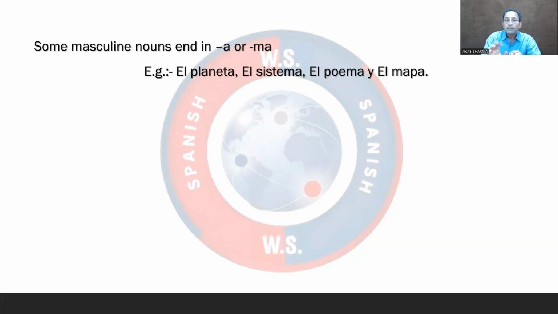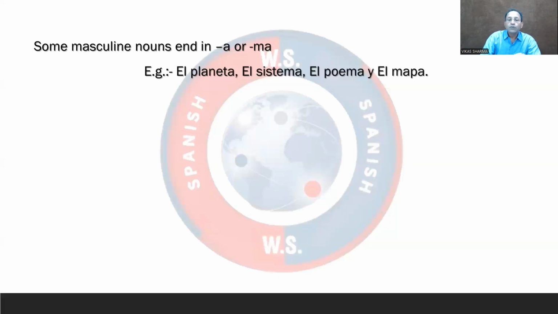So the map is masculine, so you need to write el before that. I hope you're getting it. If you go through these examples and start looking for the nouns in the dictionary, you will slowly and gradually come to know whether it's masculine or feminine. It is the only way to find out. There is no other shortcut.